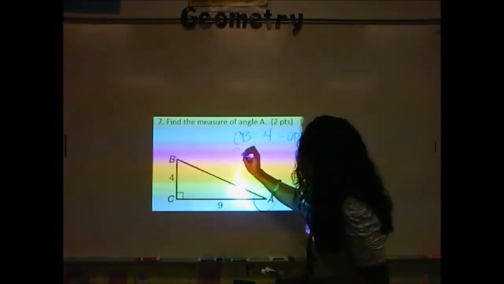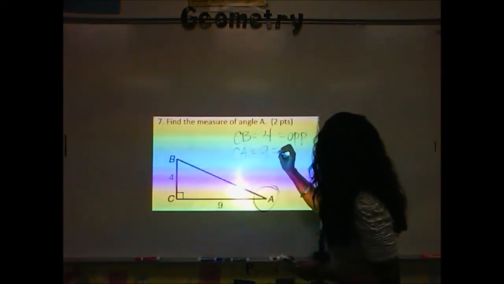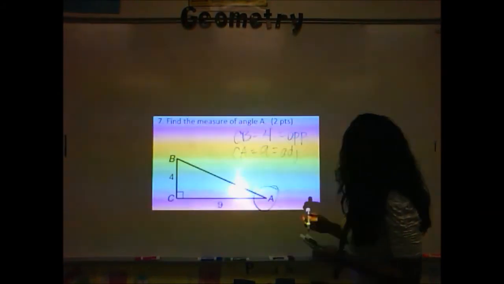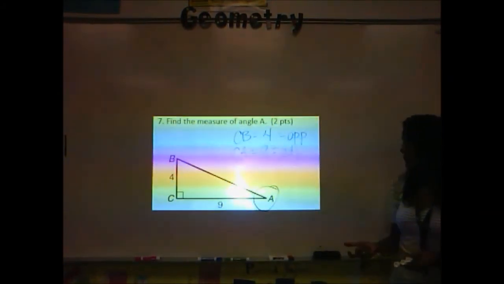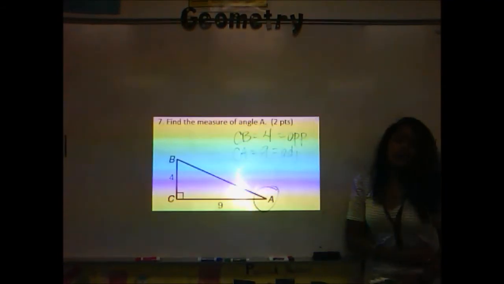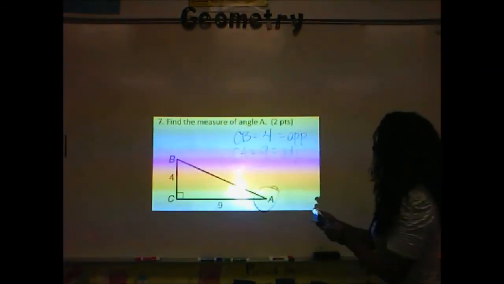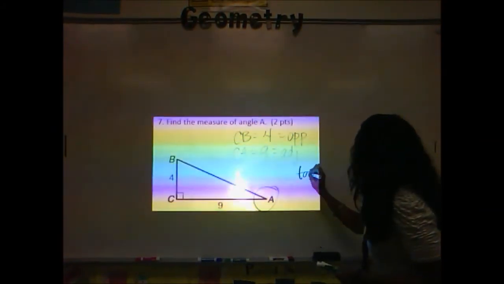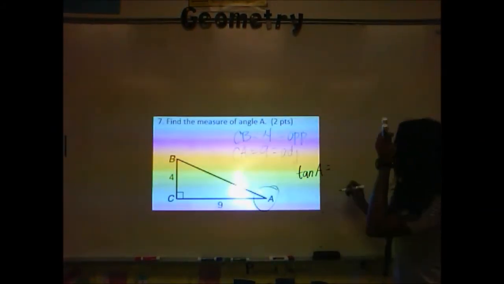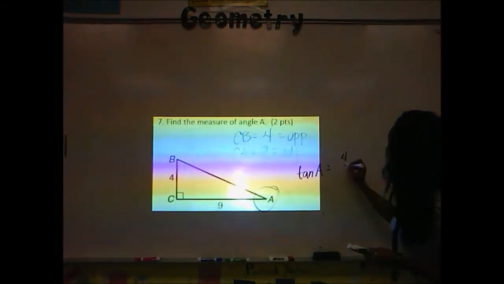Adjacent. So CA is equal to 9, and it is adjacent to angle A. So we have opposite and adjacent. Tangent. Tan A is equal to opposite 4 over adjacent, which is 9.